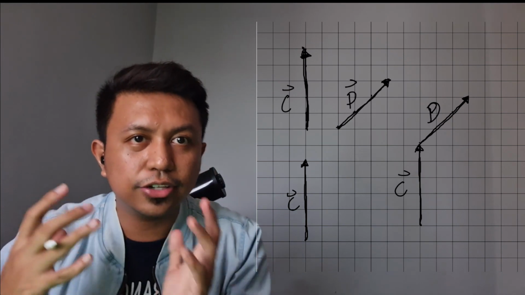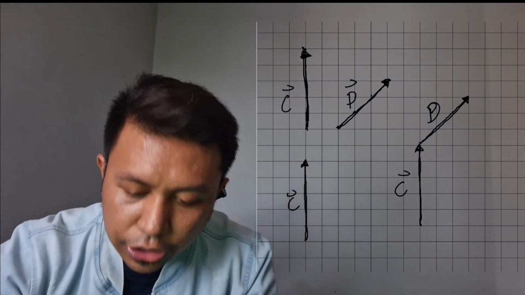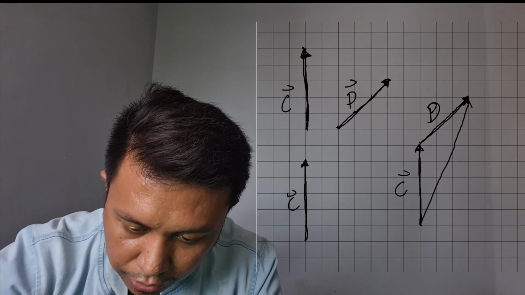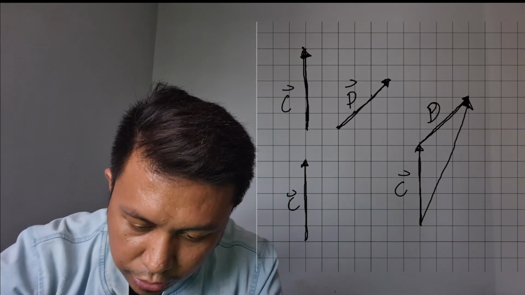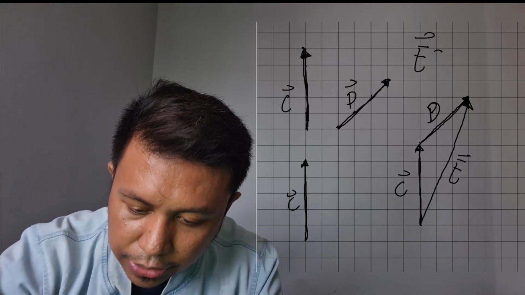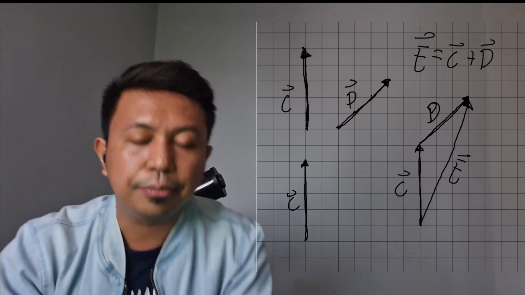So now we have vector C and vector D being added graphically, and then you'll just get the resultant vector. Now let's call this vector E. So vector E is equal to vector C plus vector D.